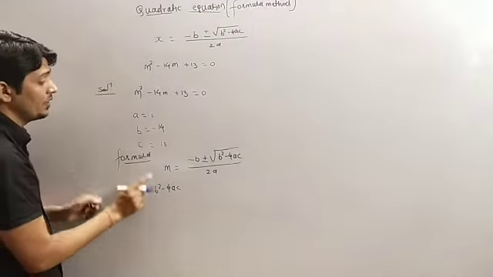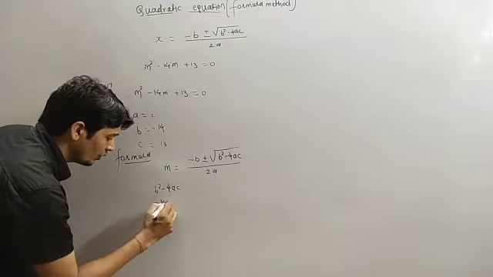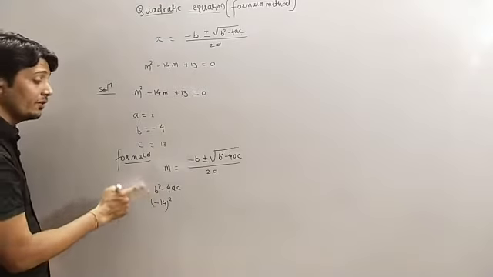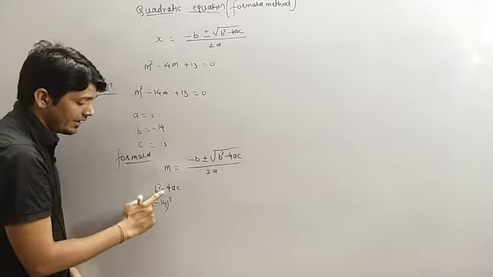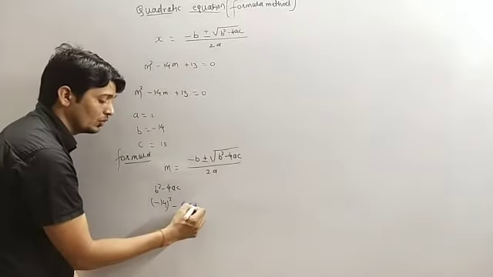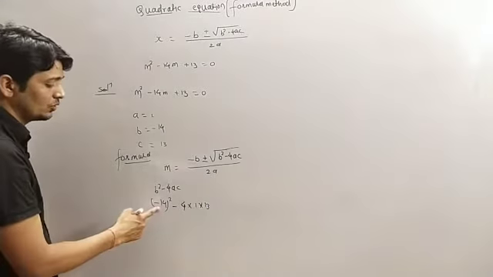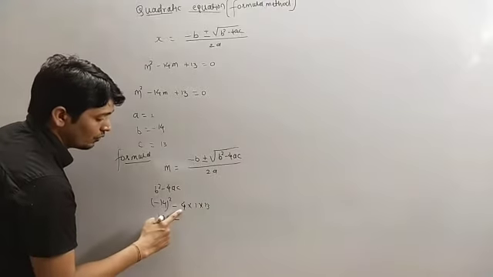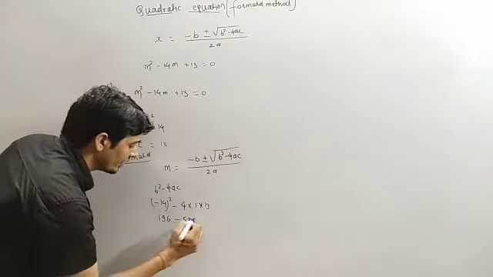So what is b? Here we have b equals minus 14. So we will write minus 14 square because we have b square. Then we have minus 4 into a, where a is 1, and c is 13. The square of 14 is 196, minus 4 ones is 4, 4 threes are 12, that is 52.